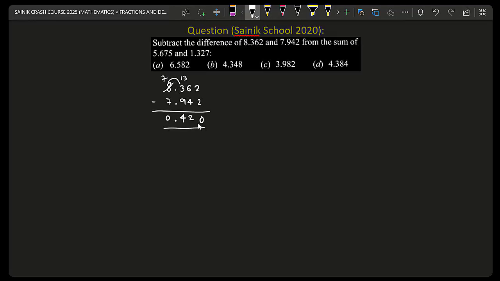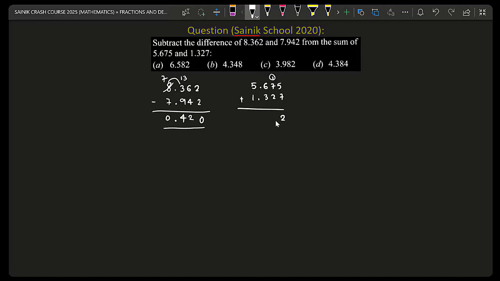Now let us find the sum of these two. Sum means the plus, result of addition. So that is 5.675 have to add 1.327. Okay, the result of addition. So now add them from right to left. 12, 2, 1 carry.